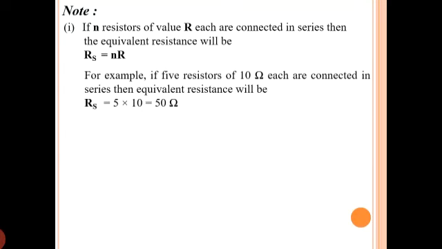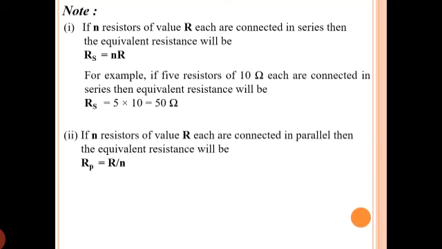And this formula comes from the same formula, R1 plus R2 plus R3. If you go on adding, and if each resistance is the same, you will get nR only. So this is just mathematics applied in physics.